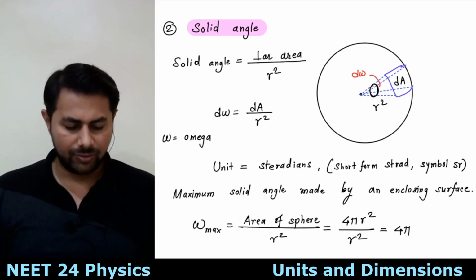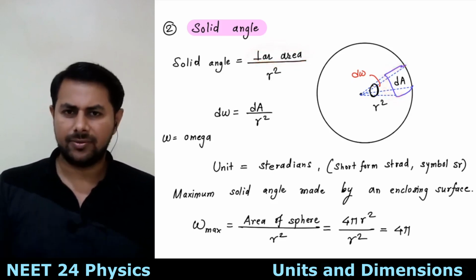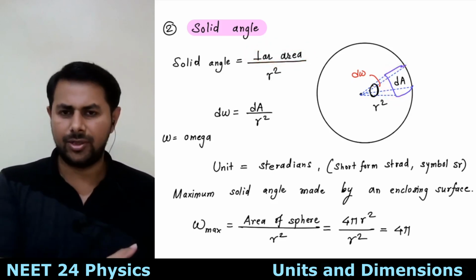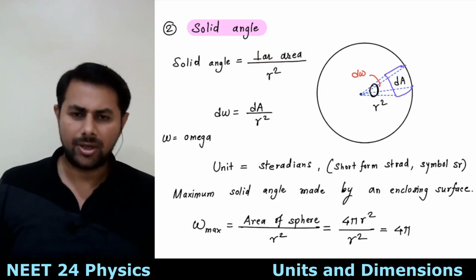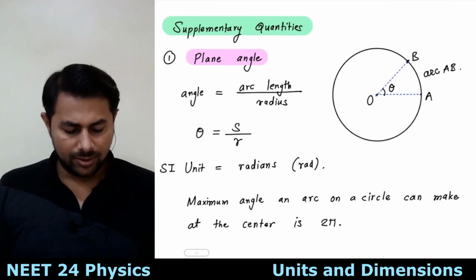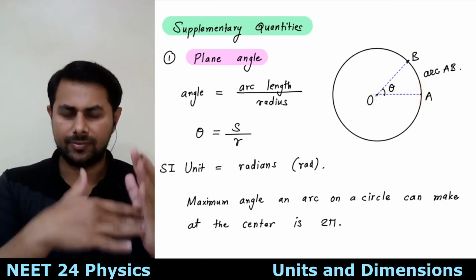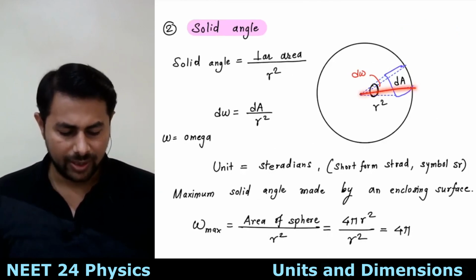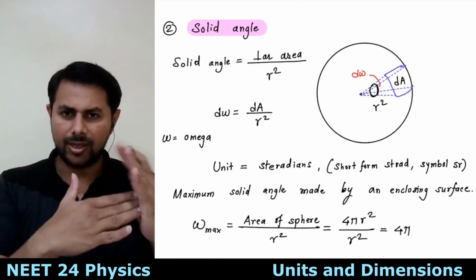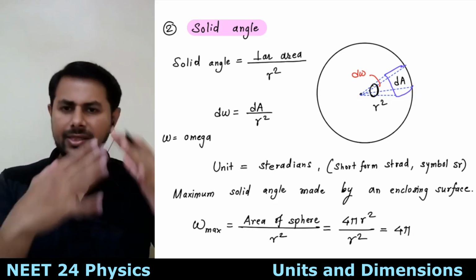And how do we measure that? It is the perpendicular area divided by r square. Here you don't need to think about whether this area is perpendicular or not, because it will be perpendicular. Radius is always perpendicular to the circumference. In the same way, the radius of a sphere will always be perpendicular to the surface area.